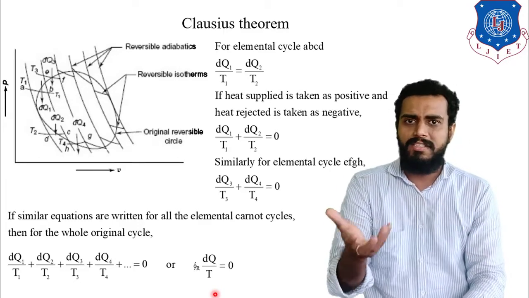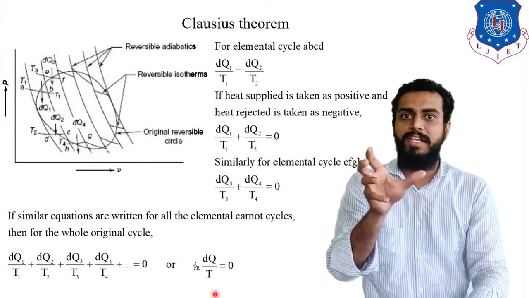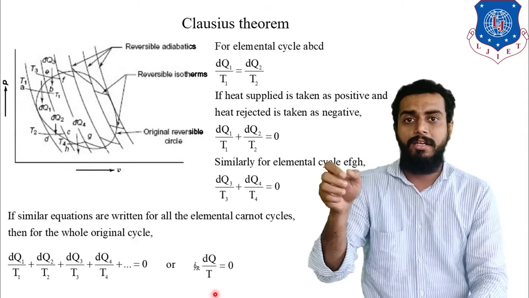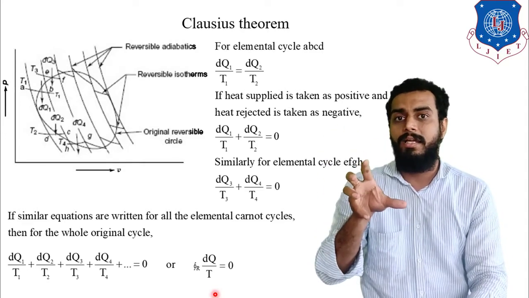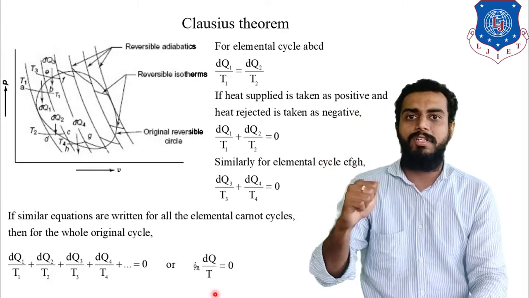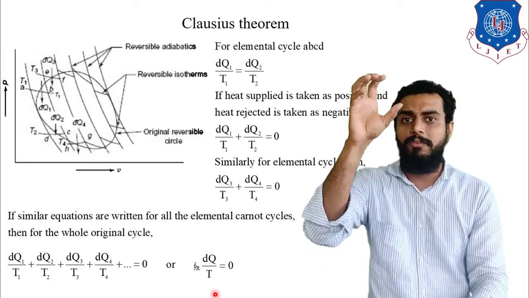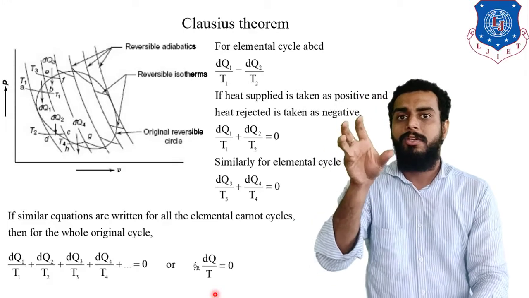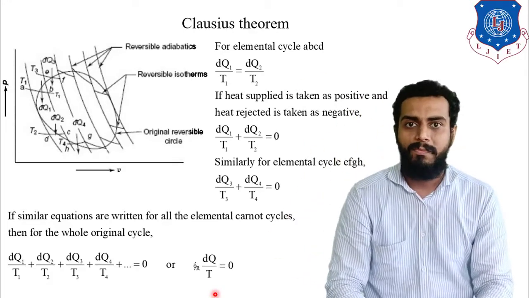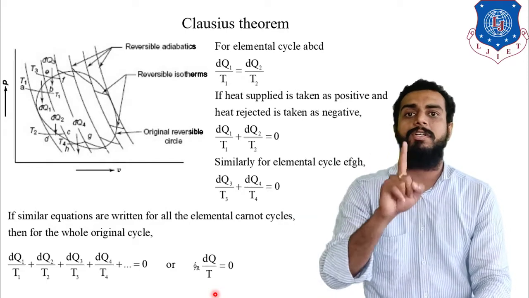What is the meaning of this? The meaning is very simple, students. If you take any closed reversible cycle, dq by T involves two quantities, heat transfer and constant temperature. At constant temperature, whatever heat transfer you take, the summation of that for the whole cycle will be equivalent to 0. Okay, only for a reversible cycle.